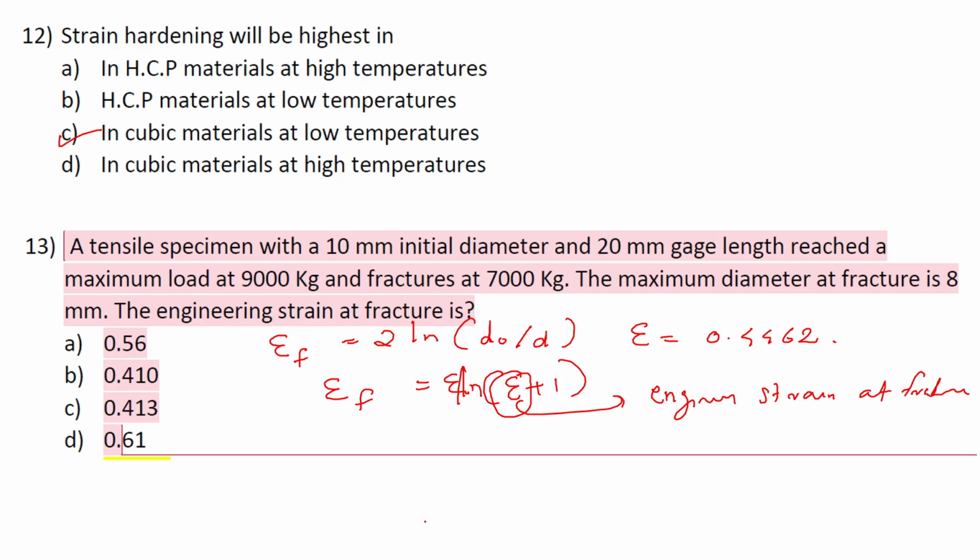It comes to 0.56, that means Option A. So we have to remember this relation, epsilon equals 2 ln d0 by d. You have to remember it.